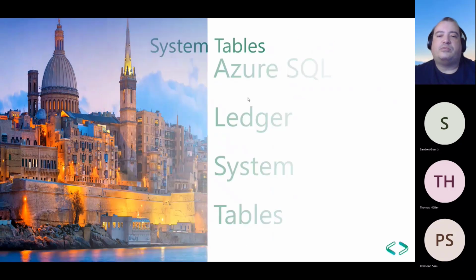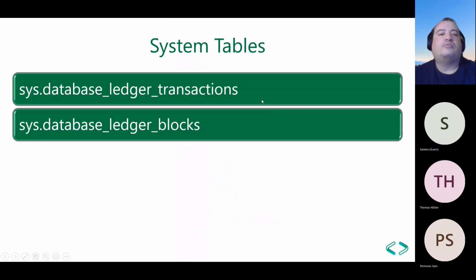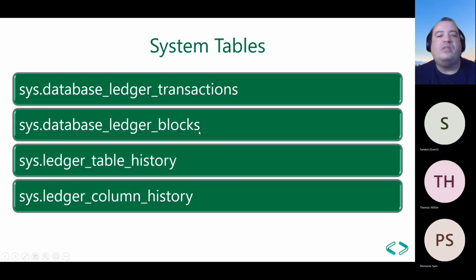The system tables for ledgers. We have sys.database_ledger_transactions. This system table stores the transactions which happen inside the database. And then we have the blocks. Each transaction generates blocks which contain the digests for the transactions.